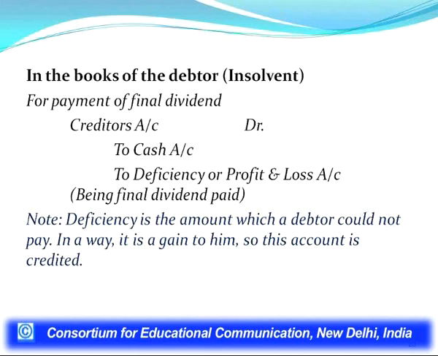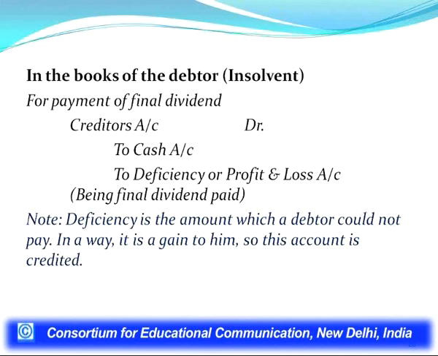Like in the same example which I stated just now, the debtor owes rupees 10,000 and he paid only 4,000. So his creditor in his books stands for 10,000, and he paid only 4,000, so he will pass the entry creditor's account debit 10,000 to cash account 4,000. The remaining 6,000 is the deficiency.